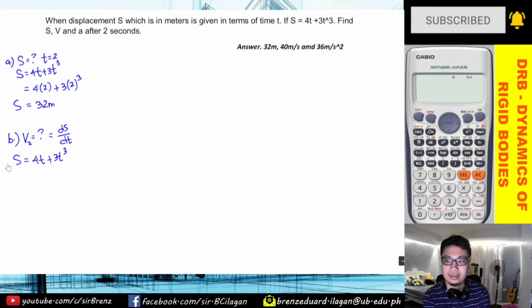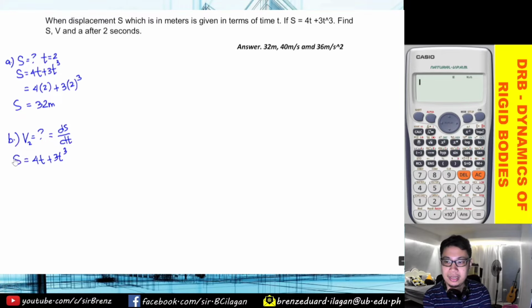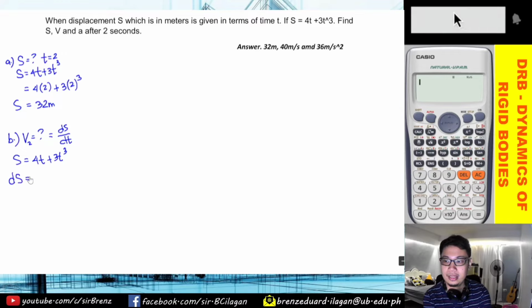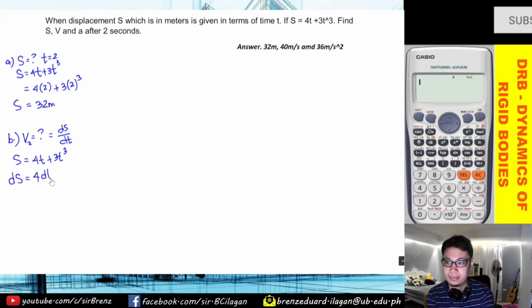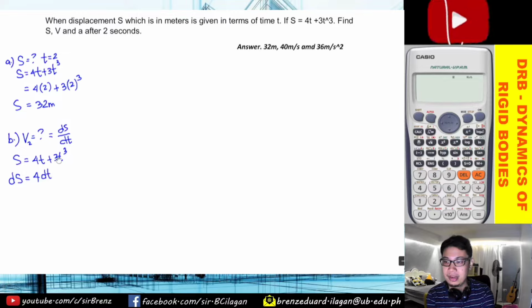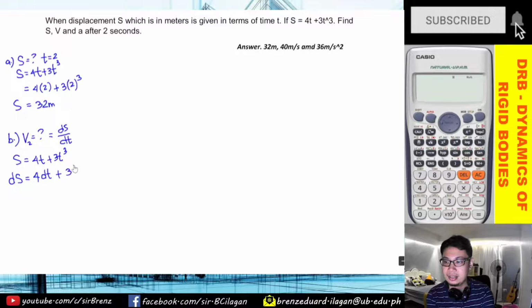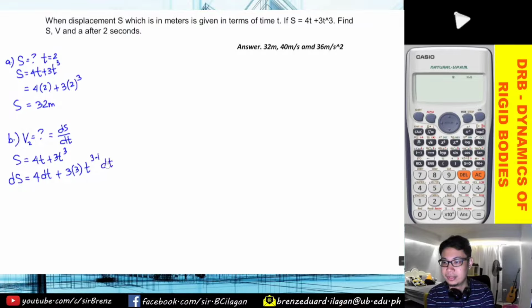Since kita nyo naman yan, kailangan natin siyang i-differentiate. When you differentiate s, magiging ds lang. Then the 40, kapag differentiate mo, magiging 4 dt. Then ito, ibababa mo lang yung 3, so magiging plus 3 times 3 times t, tapos mababawasan lang ng isa ang exponent, and then dt.